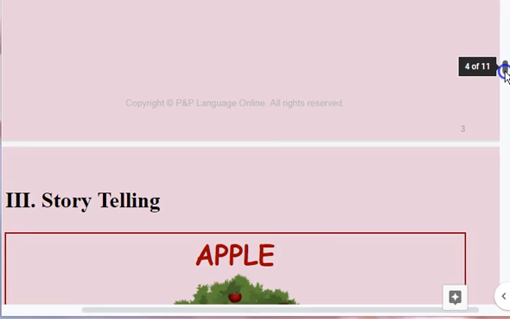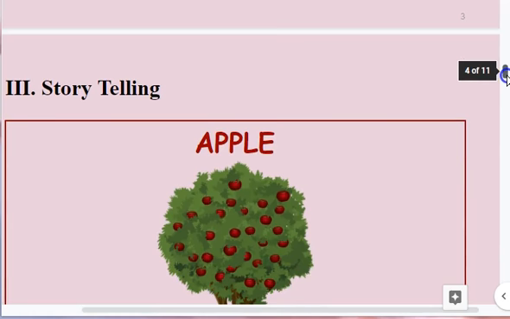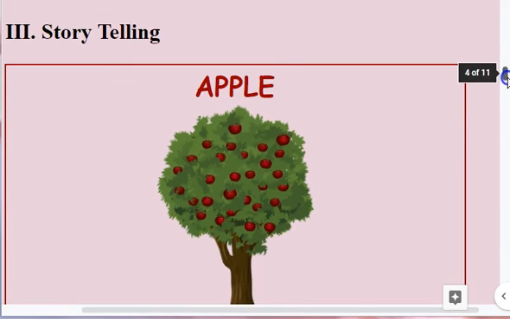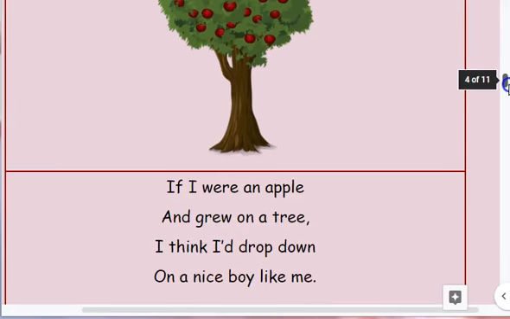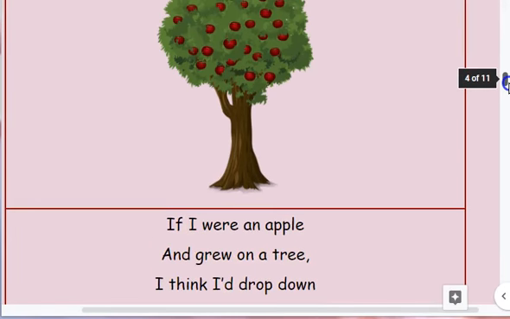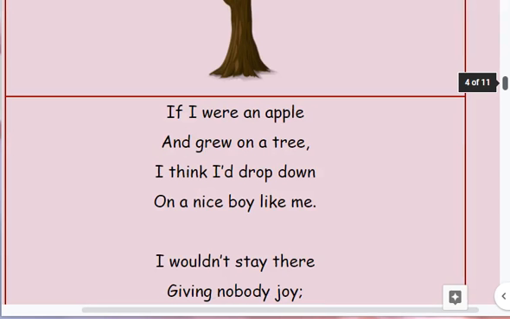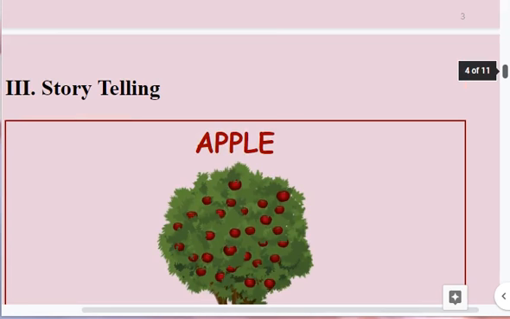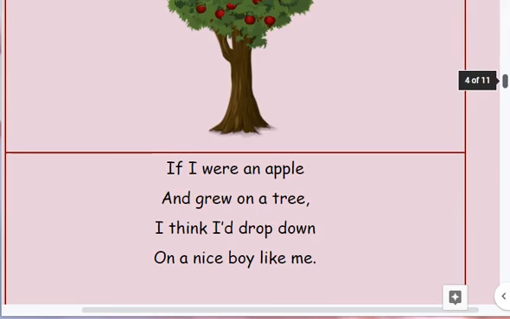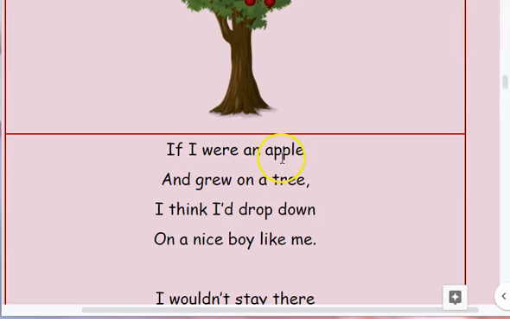The next part is storytelling. But before we have the storytelling, let's learn some vocabulary from the story. I think you know some of them, so we'll just learn those words that are unfamiliar.